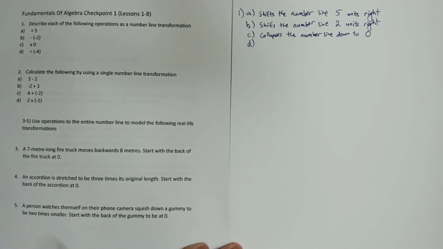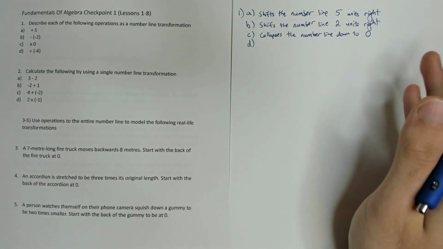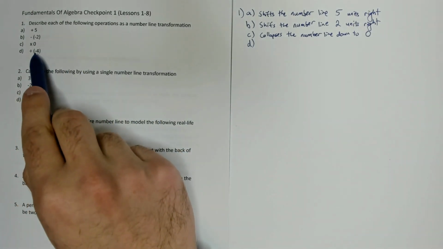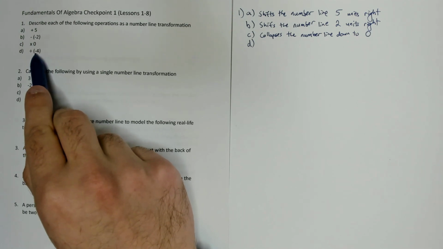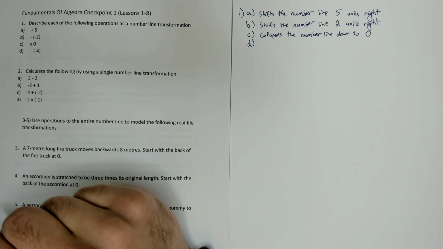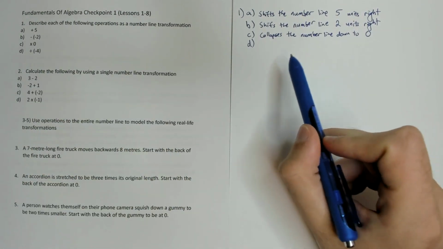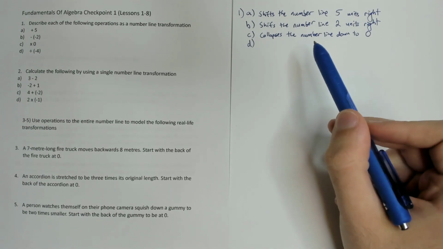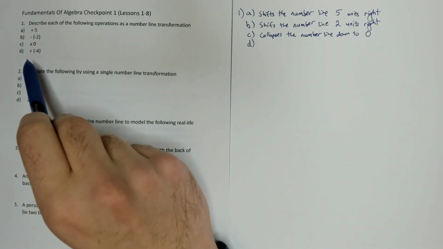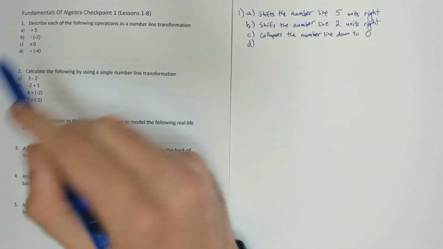Alright, next up we have dividing by negative 4. So what did division do? It compresses the distance between points on the number line while fixing 0. And in this case, it's compressing the distances to be 4 times smaller because we're dividing by 4. But what about the negative portion in there? Well, whenever we divide or multiply by a negative, that is a double action, as we saw in lesson number 8. That is a double action that both compresses it, but also flips the number line.